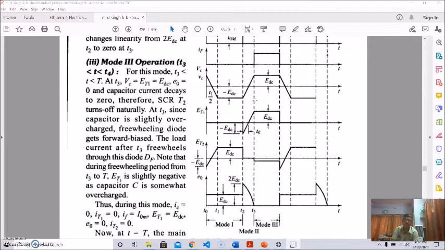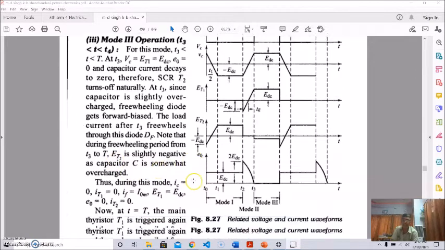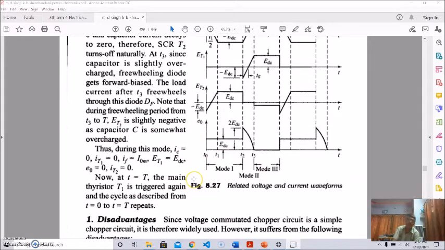Note that during the freewheeling period, from T3 to T, that is the conduction period, the total period, ET2 is slightly negative as capacitor C is somewhat overcharged. And thus during this mode IC is equal to 0 and IT1 is also 0, that is the current through thyristor 1 is 0.